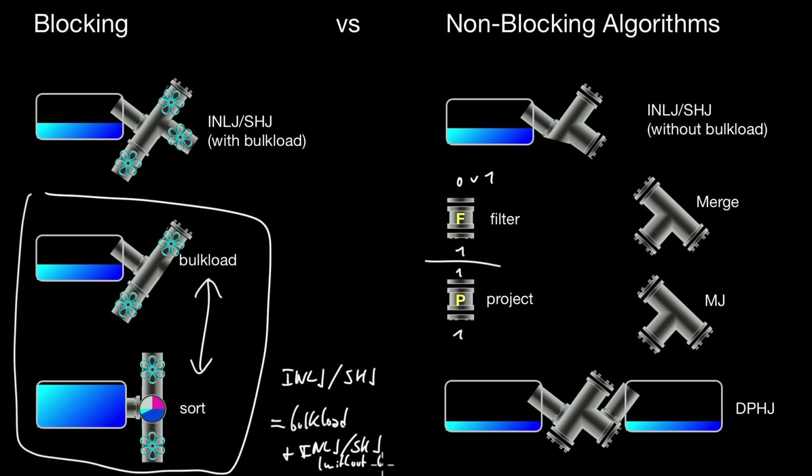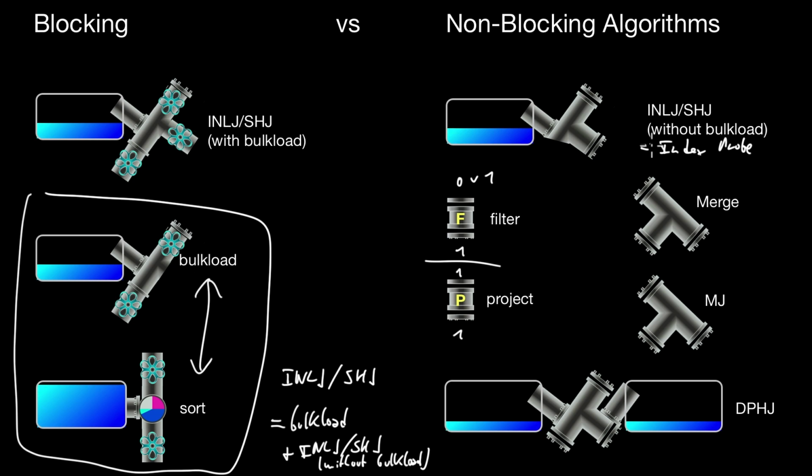There was something we had seen before. I said in those videos, and I said it in this video as well, if the index already exists, the entire algorithm is non-blocking because you can directly probe the right input against that index. There's no blocking anymore if the index already exists. So you could also phrase this as index probe.